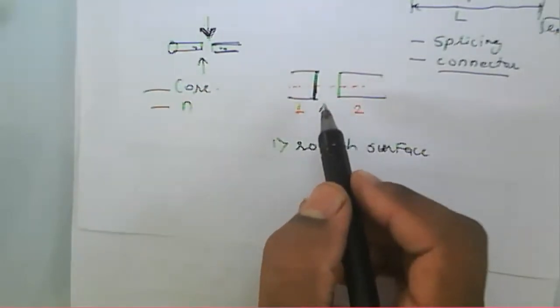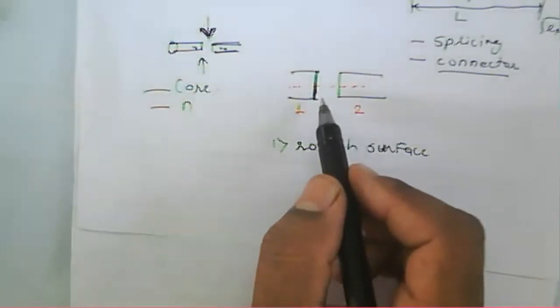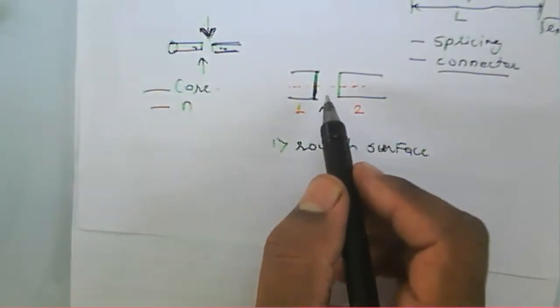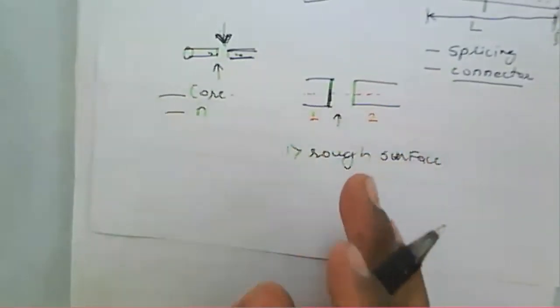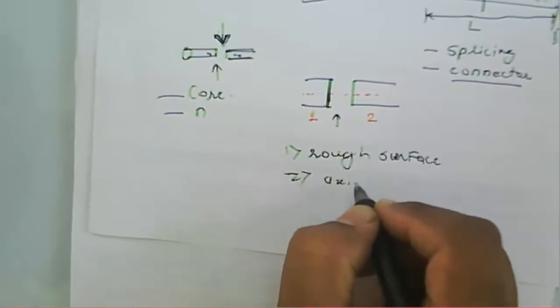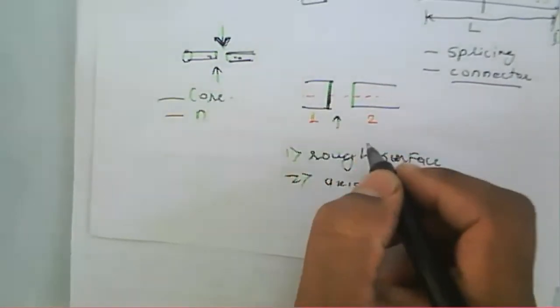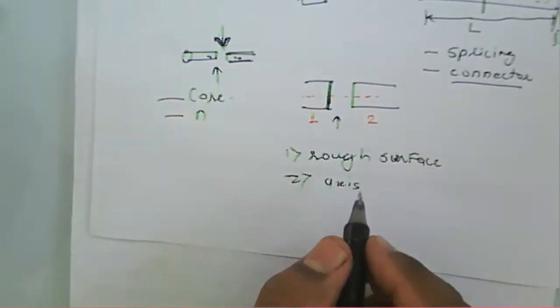If the axis is not matched, the signal will be reflecting at the interface. That's why losses occur at that particular joint. So we need to match the axis of the given fibers.